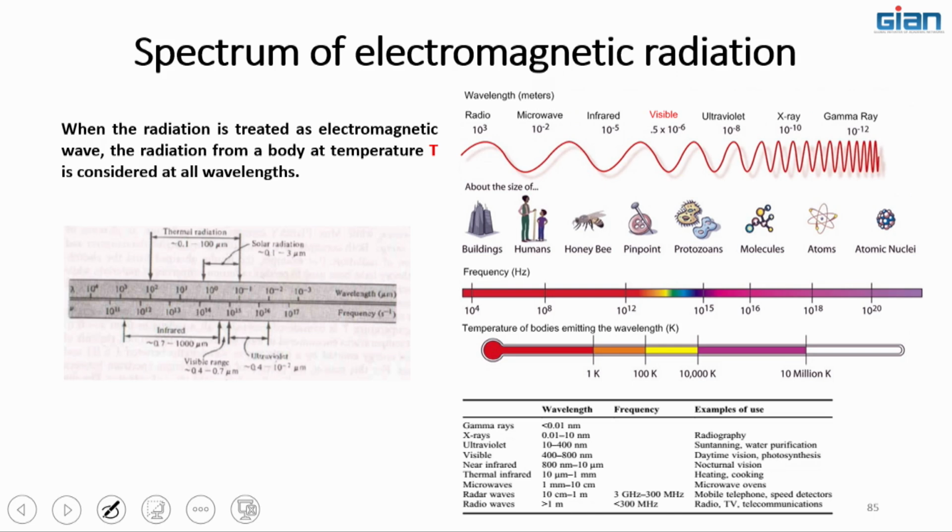Also you can see the applications of those radiations. Gamma rays are less than 0.01, then X-rays, where they are used by radiologists, people know it, right? Ultraviolet rays, then visible rays, night vision, infrared, near infrared, then thermal images. You can see the applications already; you know the majority of them.